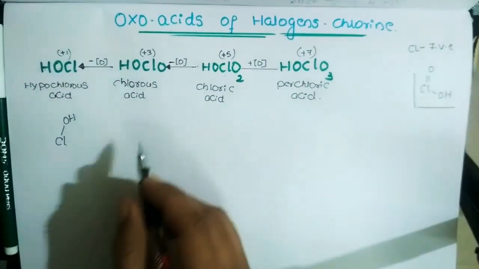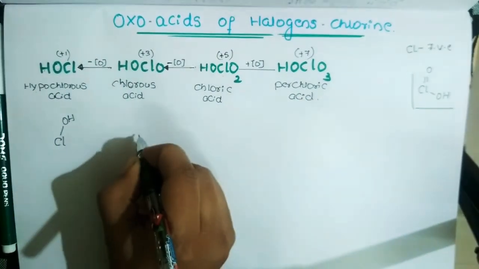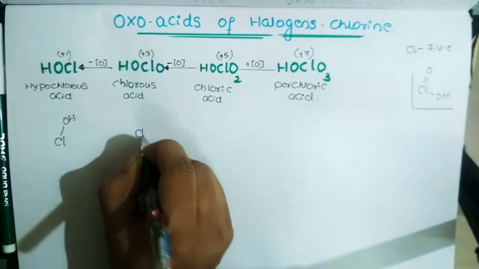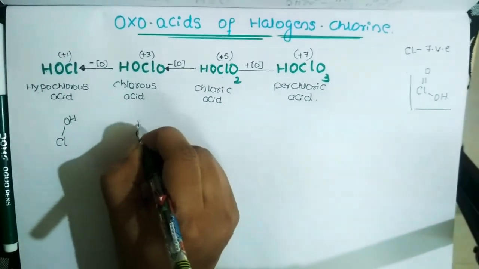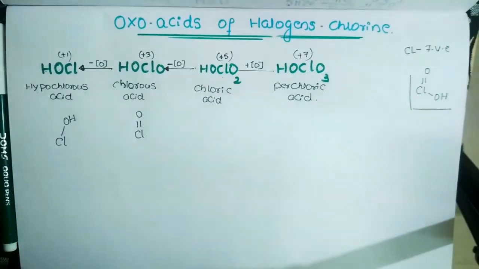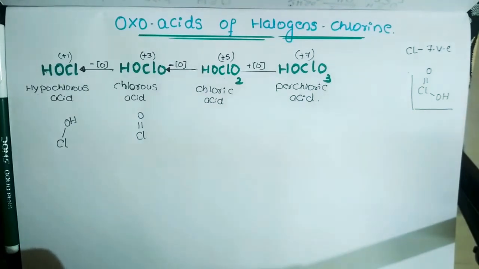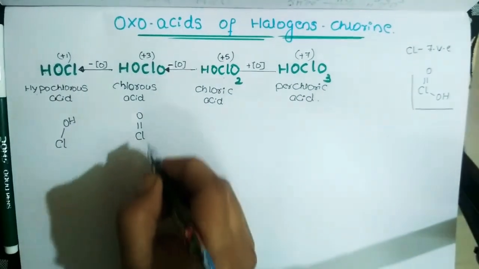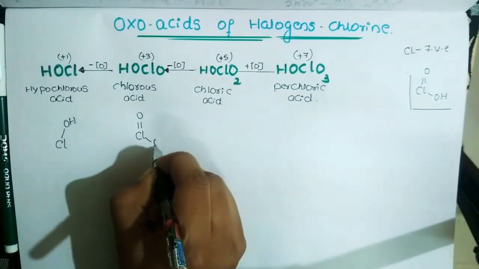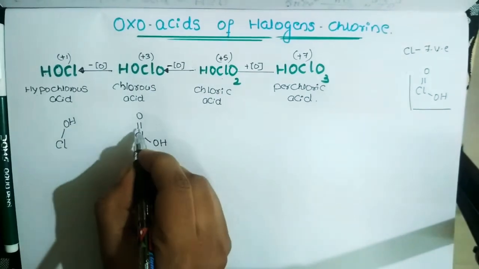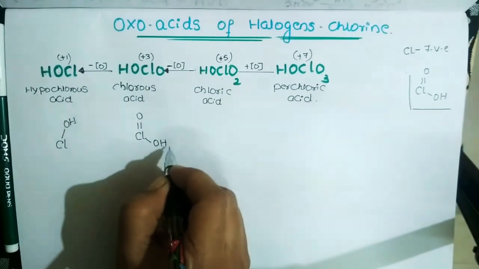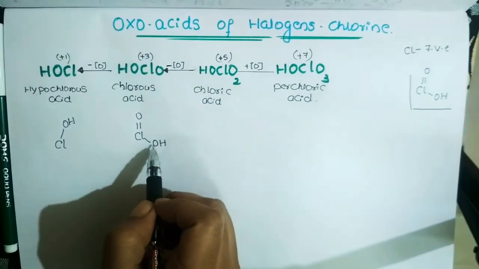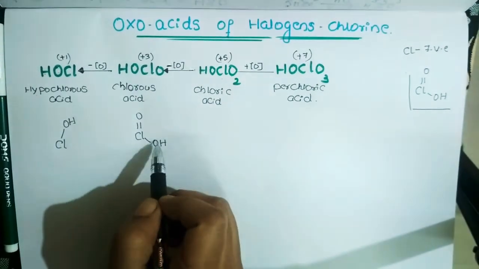Now come to chlorous acid. So write the central element as it is, double bond O as it is, and then comes OH. So double bond O and OH, so that is HOClO.